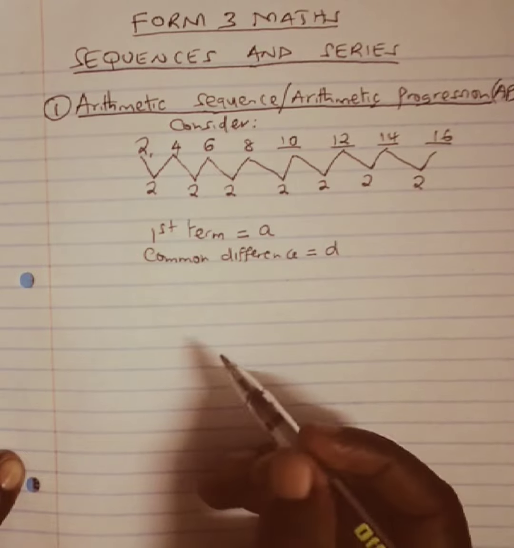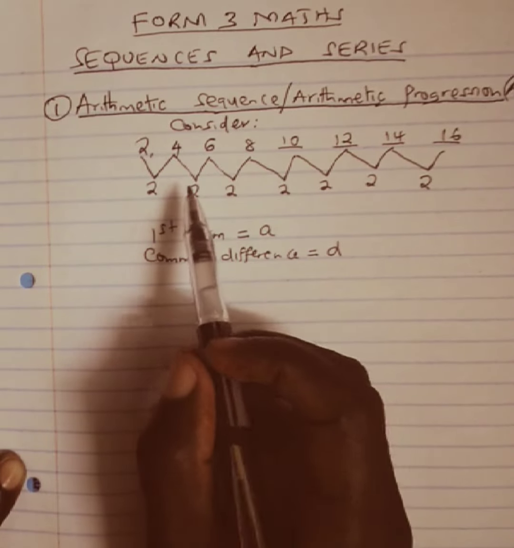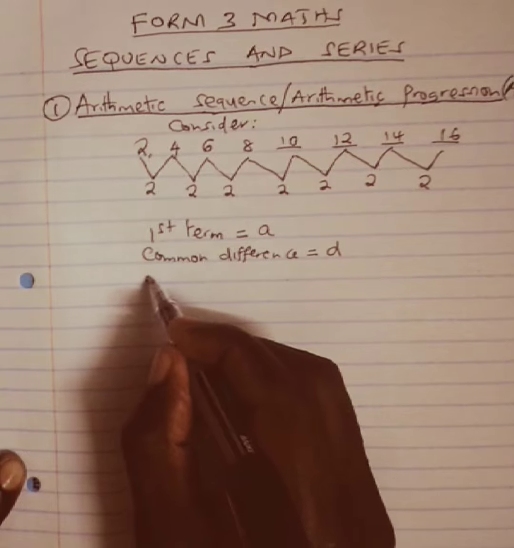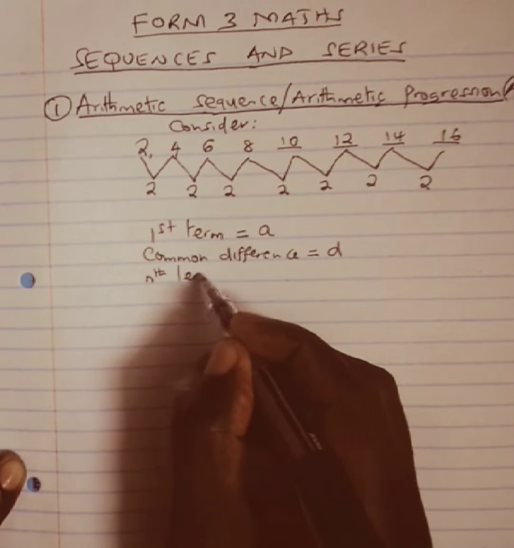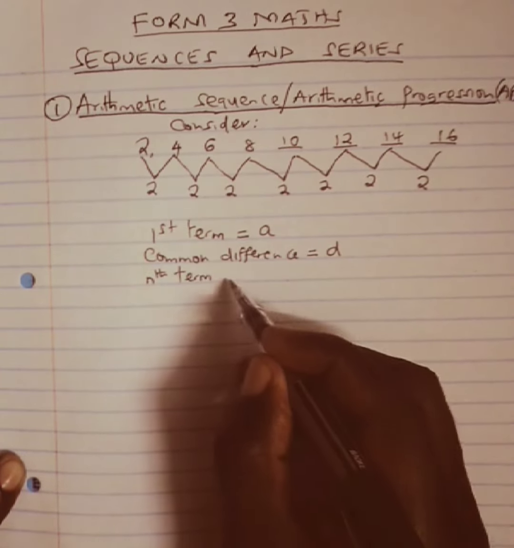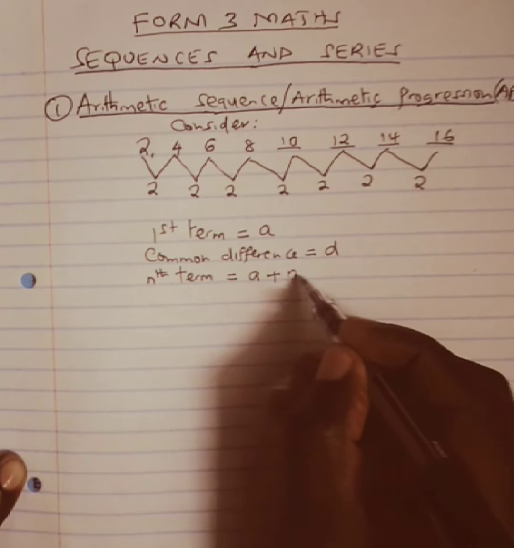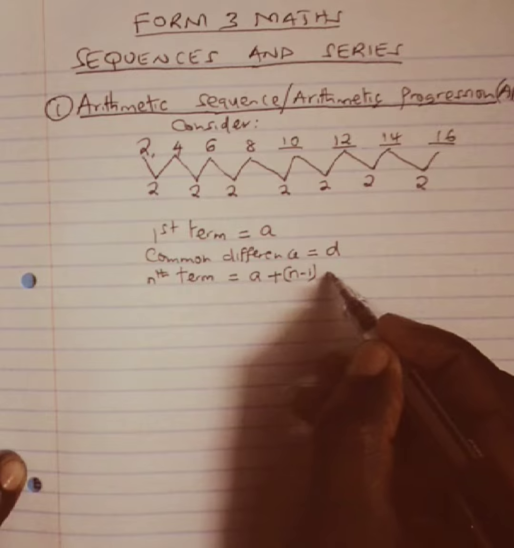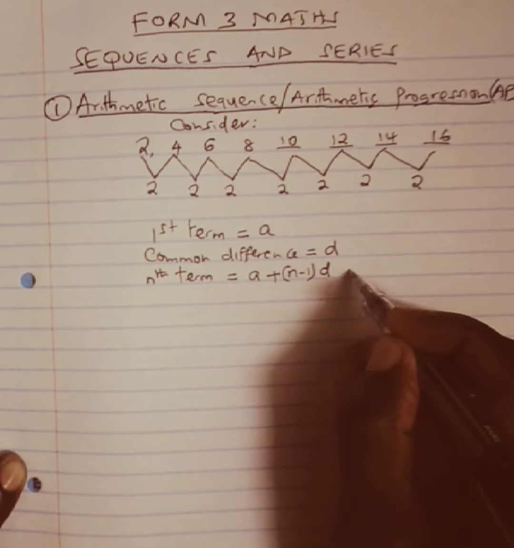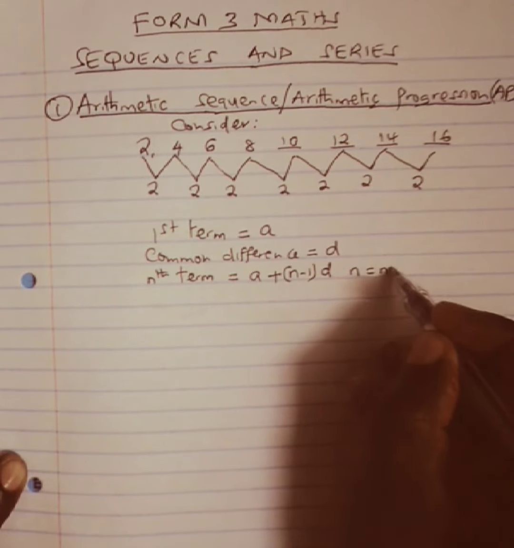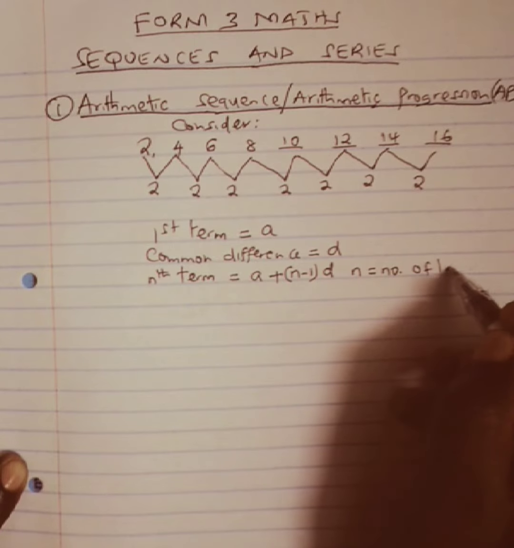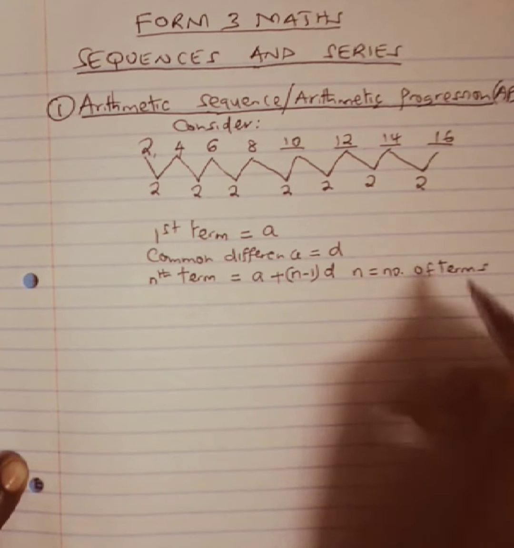In this case now, to get the nth term, meaning the last term in a sequence, we usually take A plus n minus 1 into D, where n stands for the number of terms in a sequence.